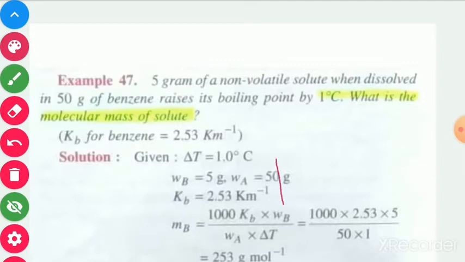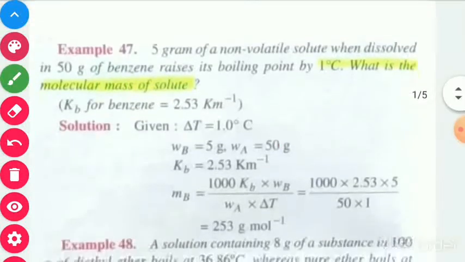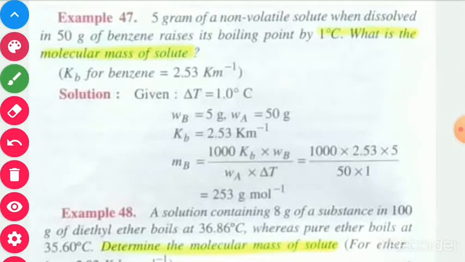So here the Kb value is given, that is 2.53. So 1000 into 2.53 into Wb. Wb is the mass of solute, that is 5 gram given in the question, upon Wa. Wa is the mass of solvent, 50 gram given in the question, into delta T, that is elevation in boiling point, that is 1 degree Celsius given in the question.